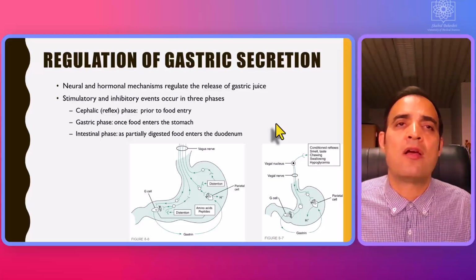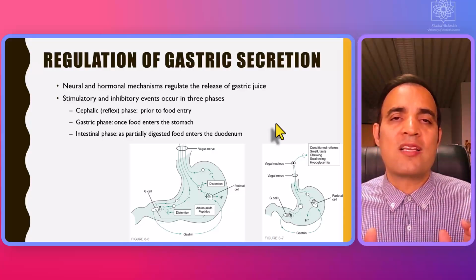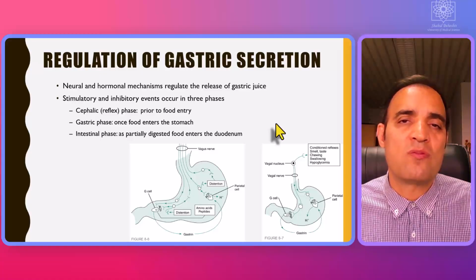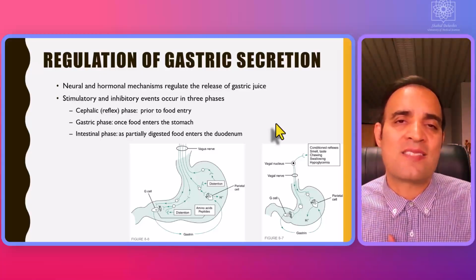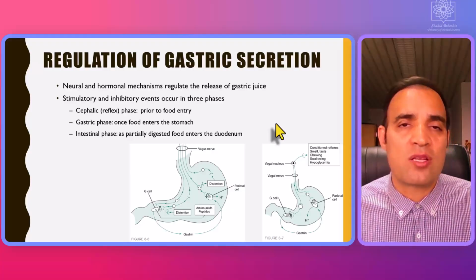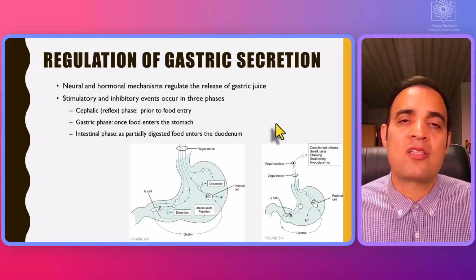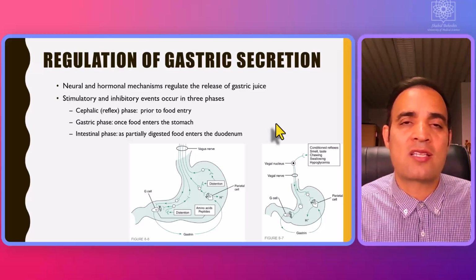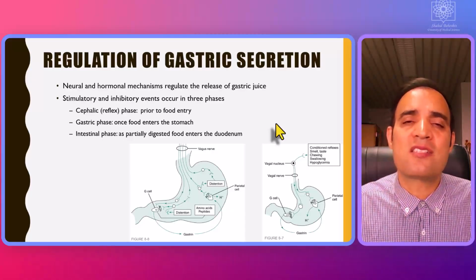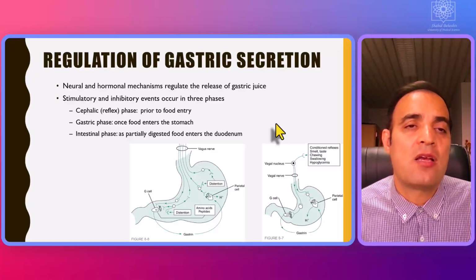For example, when you are very hungry and suddenly the smell of a very delicious food comes to you, your brain stimulates acid secretion even before you eat your food. When you are in a restaurant, very hungry, and you see the dishes on the table, you haven't eaten the food yet, but just seeing the dish, your brain stimulates the secretion. This is named the cephalic phase.